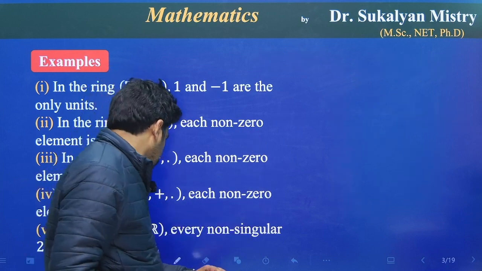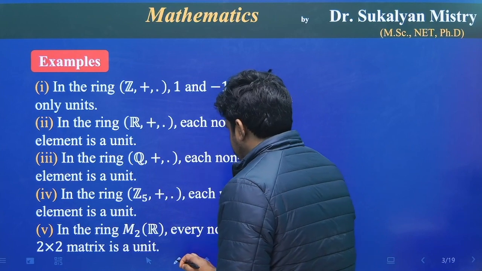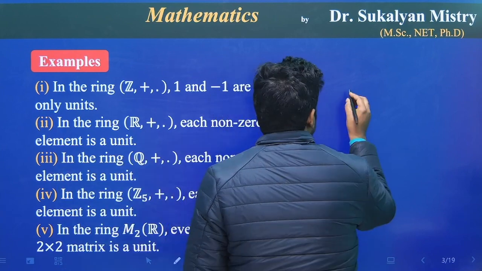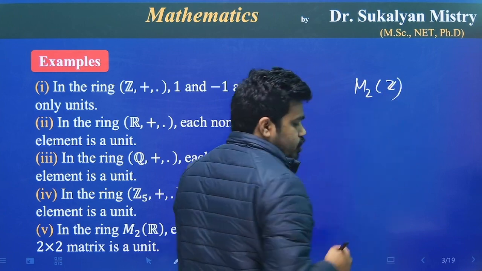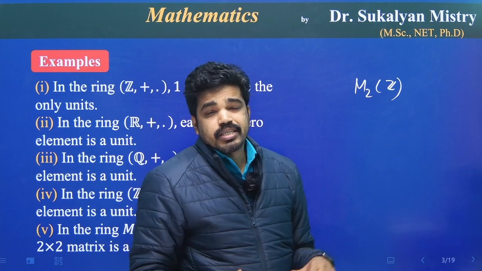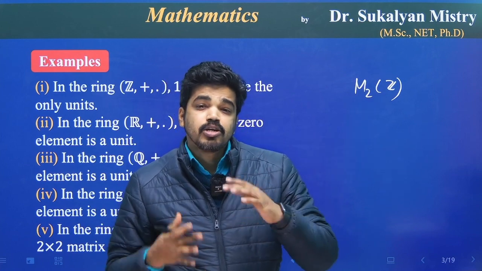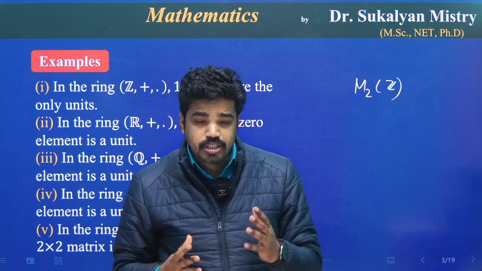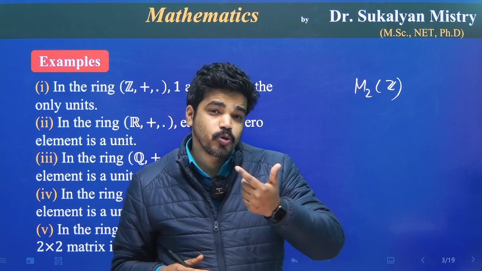Next, if we consider the ring of matrices, suppose we consider 2 cross 2 matrices, unit means multiplicative inverse. So what will the units of M2(Z) be? Every non-singular matrix, non-singular meaning determinant A is not equal to 0. When does the inverse exist?